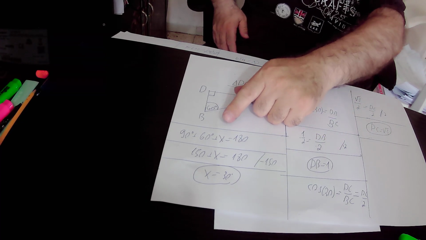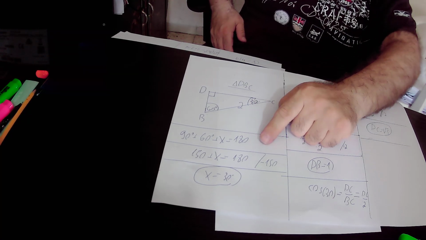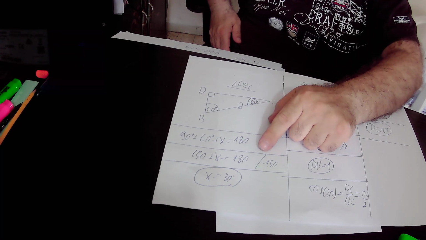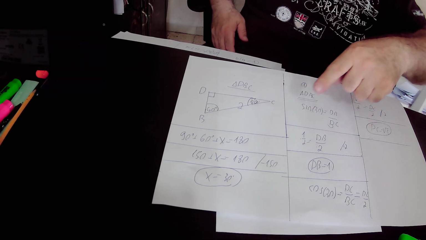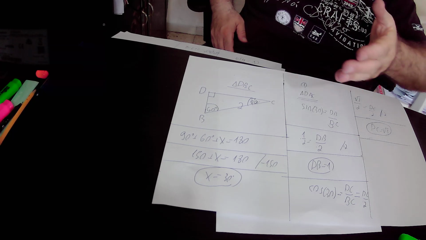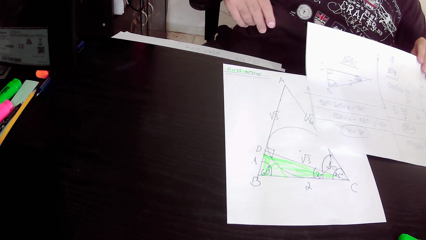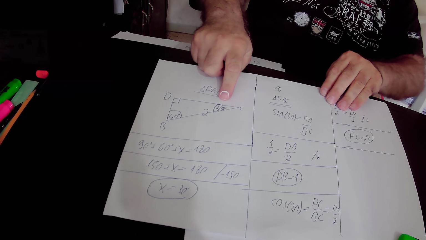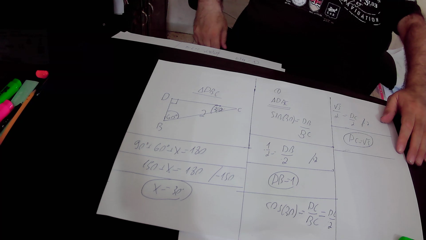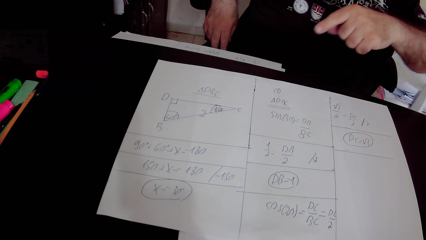90 degrees plus 60 degrees is 150 degrees, and 150 degrees plus x must equal 180 degrees. We subtract 150 degrees and find that the missing angle x equals 180 minus 150, which is 30 degrees. We continue to focus on triangle BDC.